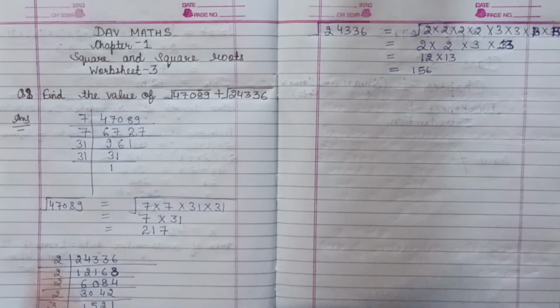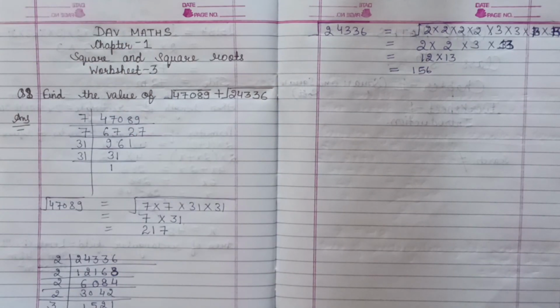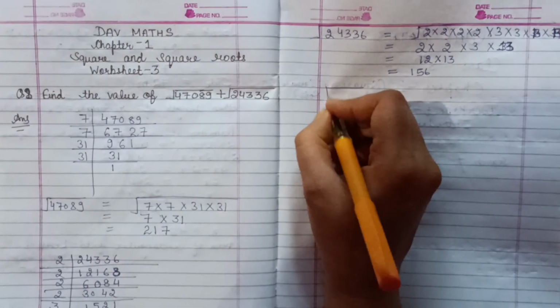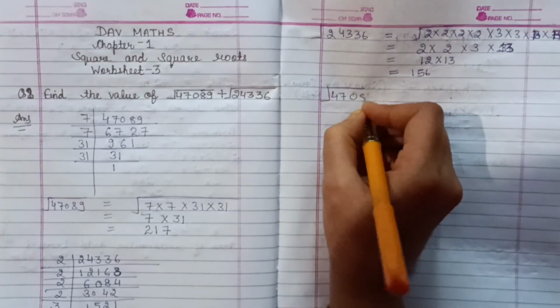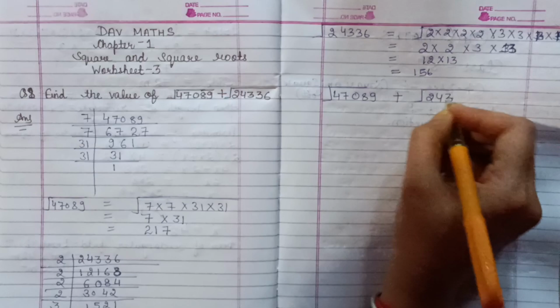In this question we have to find out the square root of these two numbers. So the square root of 47,089 we calculated here is 217 and the square root of 24,336 is 156. Now we can add the square root of the first number and the square root of the second number. Then this is our answer. So I write here under root 47,089 plus under root 24,336.